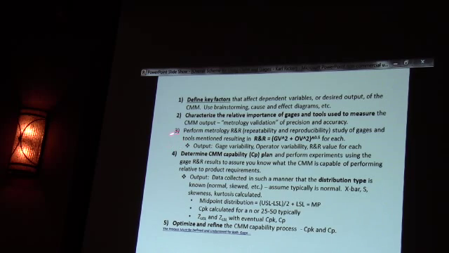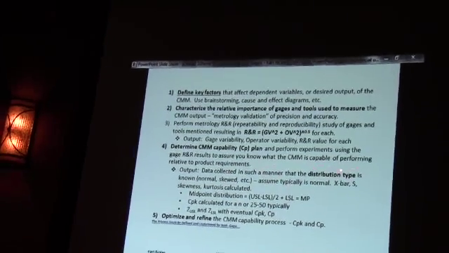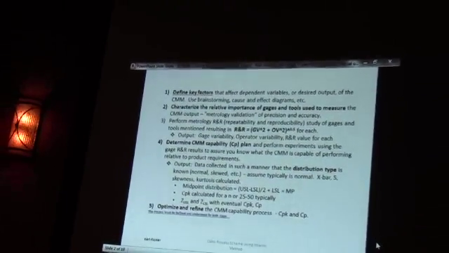Okay, then you perform a reliable repeatability and reproducibility methodology where you test the gauges and the tools with the CMM. And then lastly, you determine the CMM capability plan, and then you perform experiments whereby you determine the distribution of your test results. You might have to measure, is it normal?